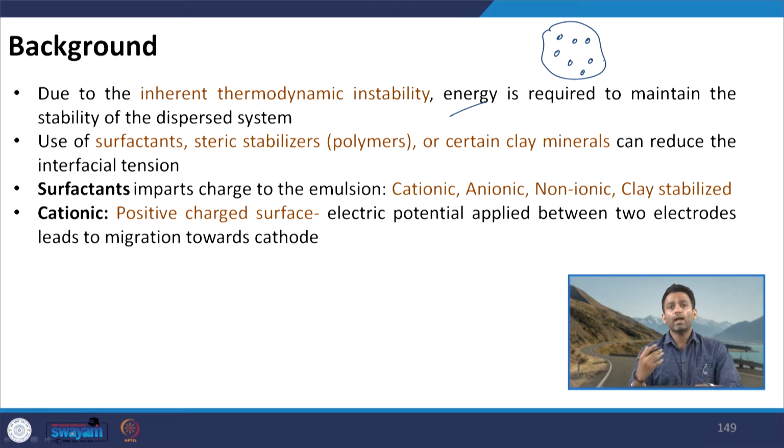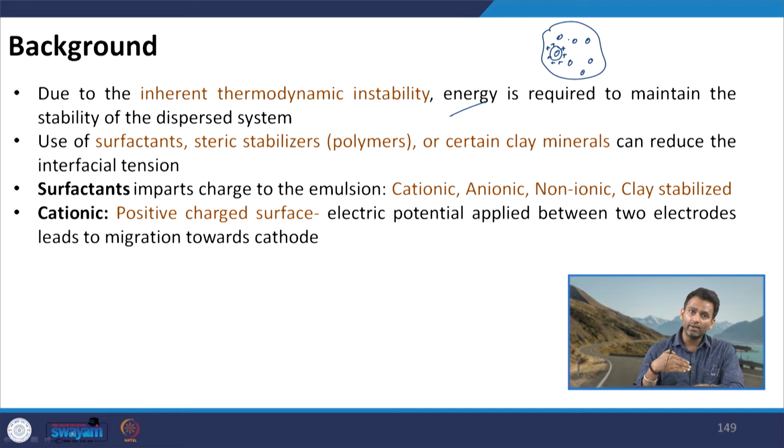So, in the cationic emulsion, the bitumen globules are surrounded by surfactants and they have positive charge. How do we identify whether a given emulsion is cationic or anionic or any other form? If we use electrodes and apply electric potential between two electrodes, we will see that the particles migrate towards the cathode.